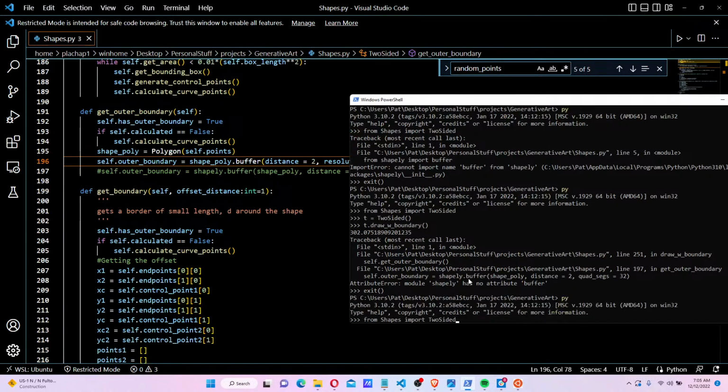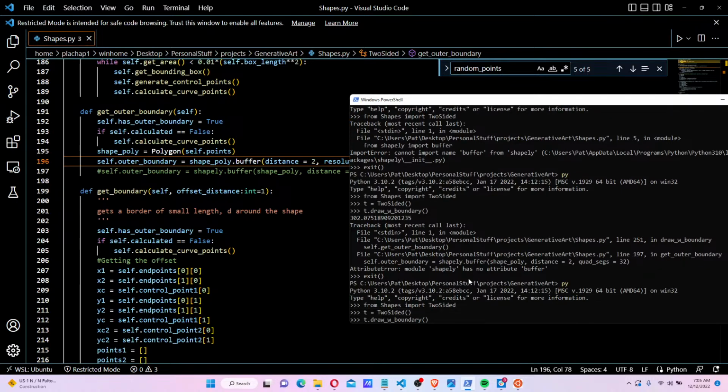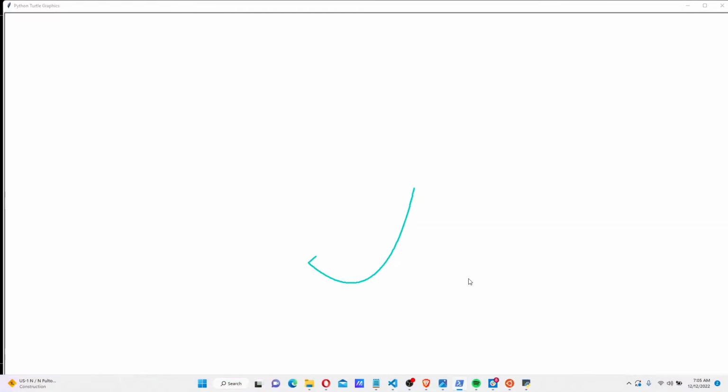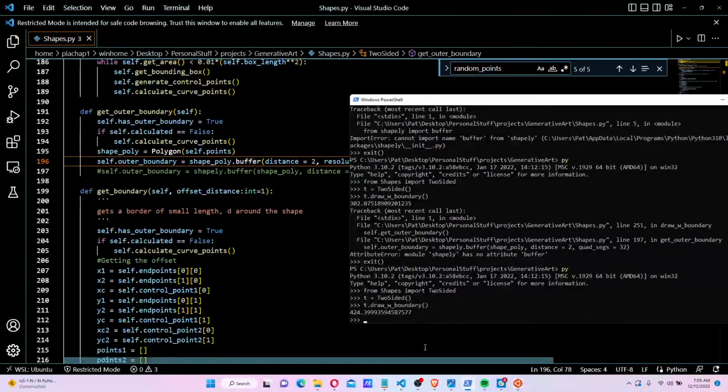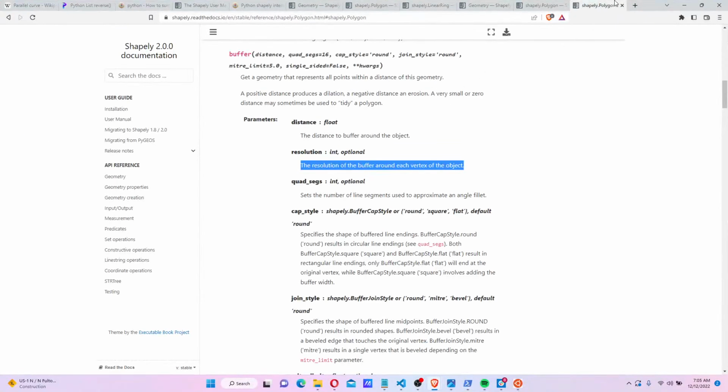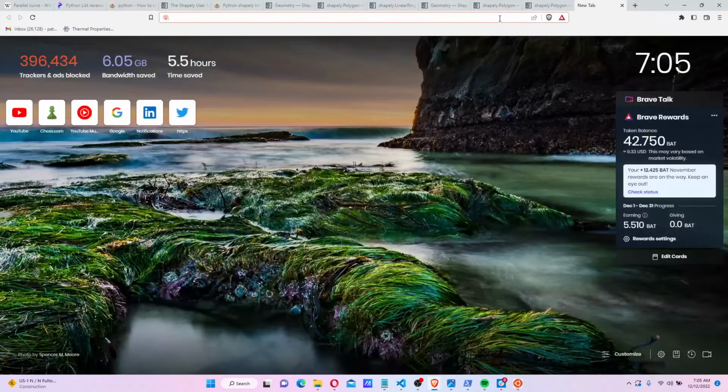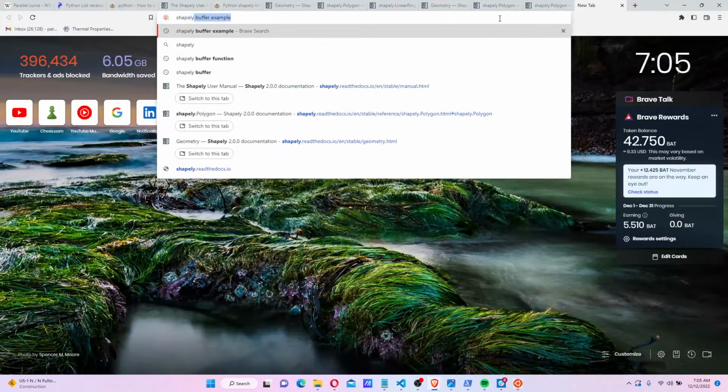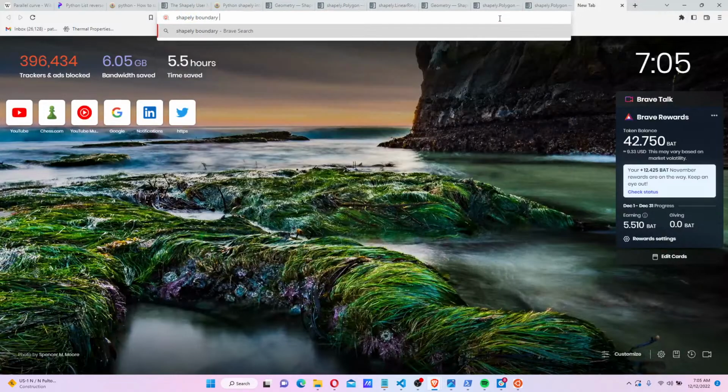Okay, now exit out. Let's try to run it again. Oh, nice. So that resolution is a little bit better. Boundary, shapely, boundary, high resolution.